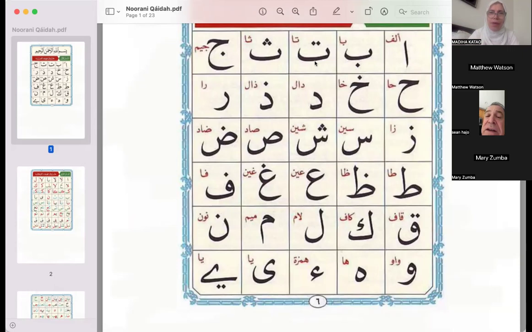At, yes, in circumcision also. I never did this Qaida Nouriya, so I'm not familiar with it. So you know the sounds. Ad. You can hear yourself.